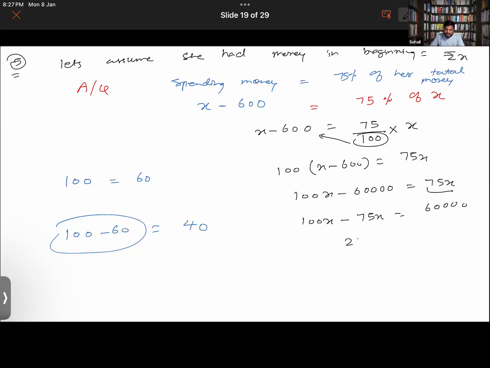So that is 25x equals 60,000. And x equals 60,000 upon 25. So 25 twos are 50, 25 fours are 100. So thereby x is 2400. So initially she had 2400 rupees.